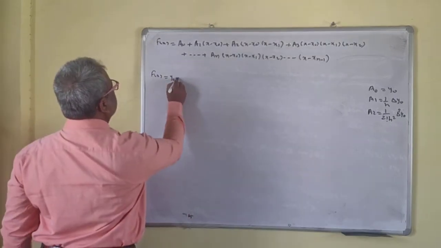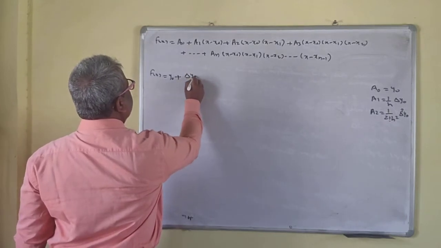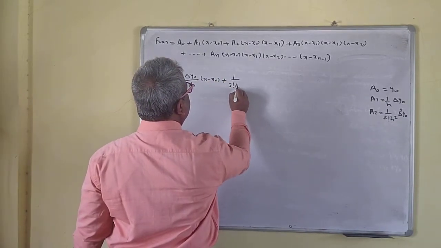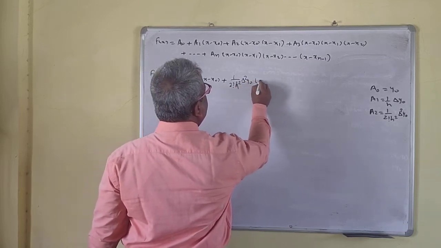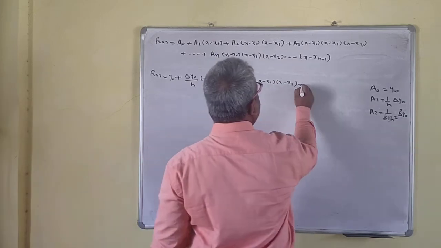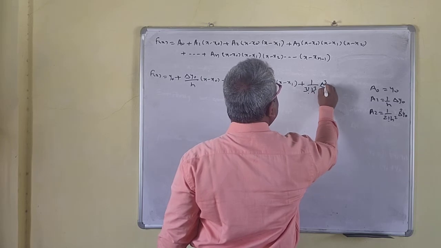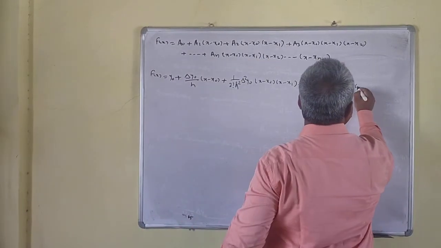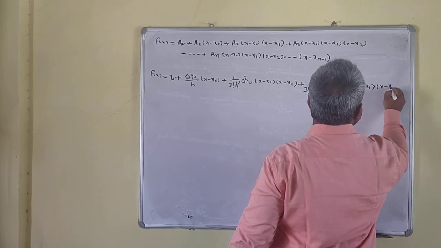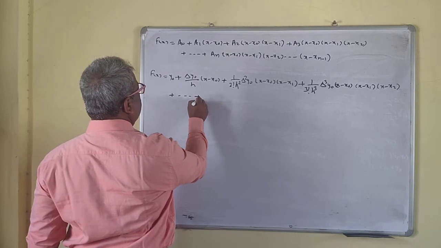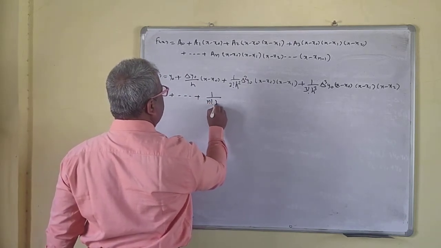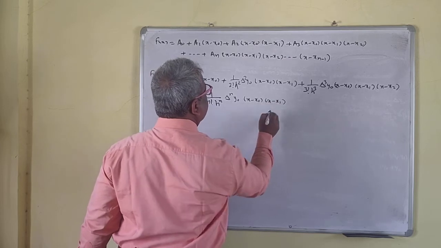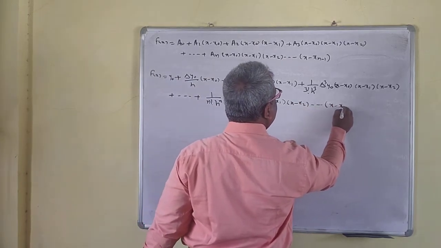a0 is y0, plus a1 is delta y0 upon h times x minus x0, plus 1 upon 2 factorial h square del square y0 times x minus x0 times x minus x1, plus a3 is 1 upon 3 factorial h cube del cube y0 times x minus x0, x minus x1, x minus x2, plus dot dot dot plus 1 upon n factorial h to the power n del to the power n y0 times x minus x0, x minus x1, x minus x2, dot dot, x minus x n minus 1.